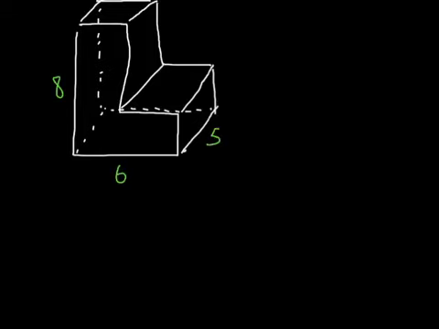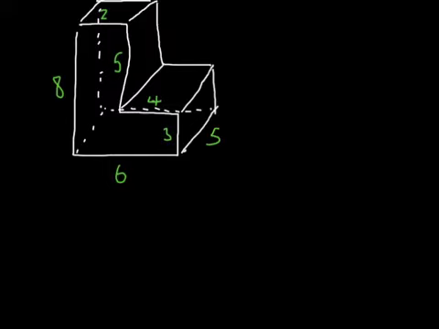We can go up 3, and that means that is going to be 5. And if I make this 4, then that means this has to be 2, because 4 and 2 make 6, and 3 and 5 make 8.